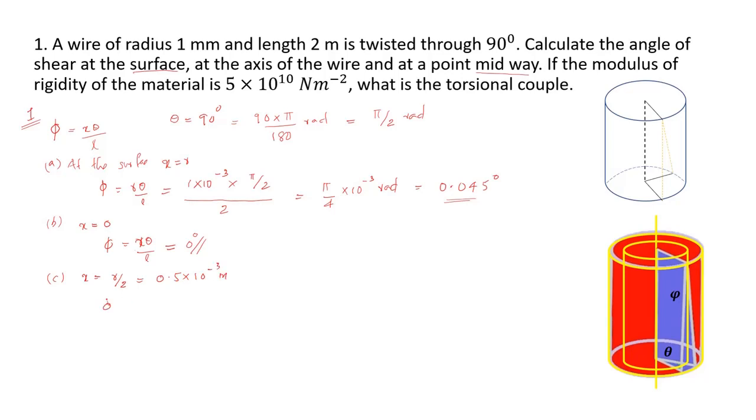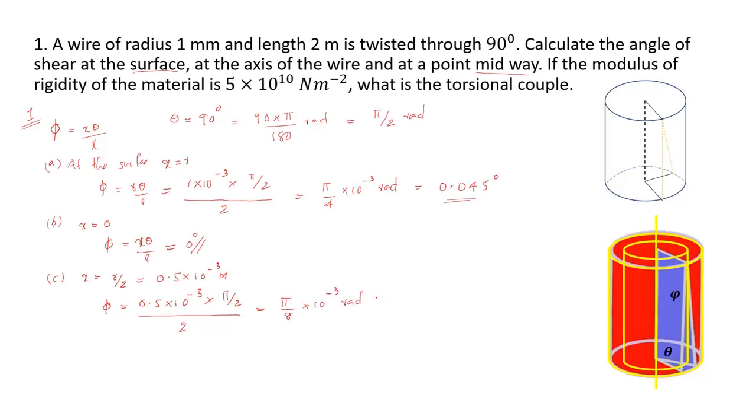So let's find phi at this point. It is 0.5 into 10 to the power negative 3. Theta is always the same, and that is pi by 2, and the length is also same, that is 2 meter. So we can find the answer for this as pi by 8 into 10 to the power negative 3 radian.